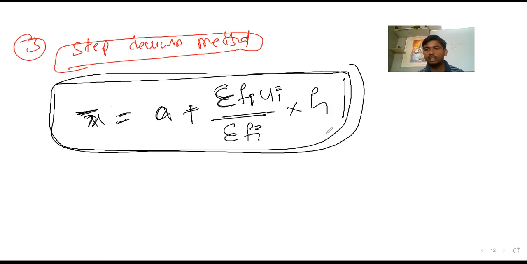This is called the step deviation method. Now simple, h is the class height.